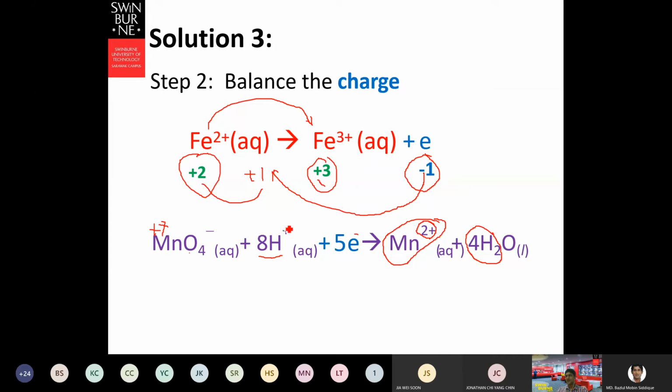So these 5 electrons are taken up by this manganese, and it goes from +7 to +2, right? If it takes electrons, the positive number will reduce. So that is why it's called reduction.